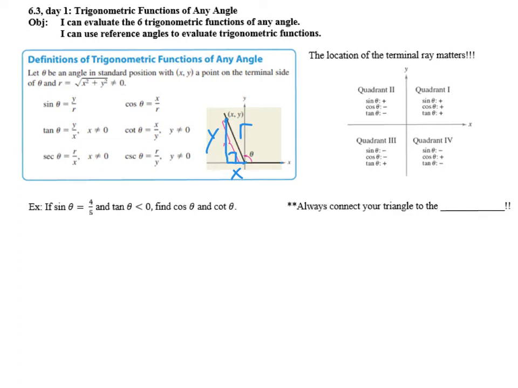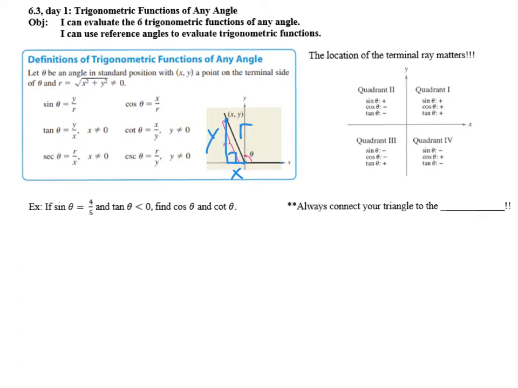Because we're not inside a right triangle, we don't use the terms opposite, adjacent, and hypotenuse. Those three terms are reserved for right triangles. We now have angles that are going to have trig values, but they're not in a right triangle, so we go with x, y, and r.